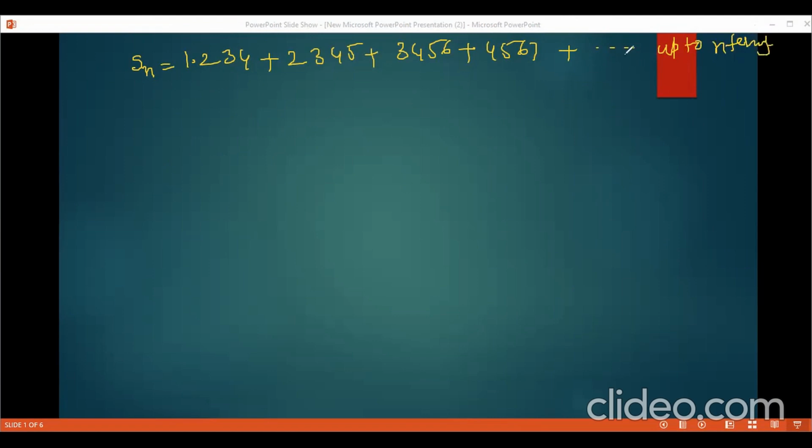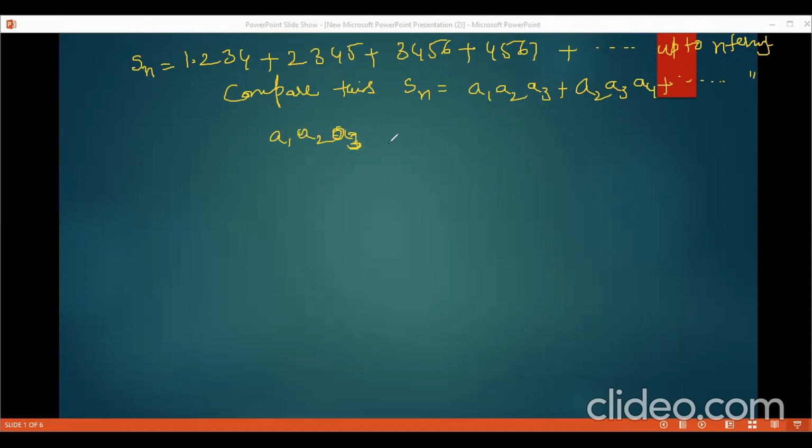Now we compare our problem. We compare this with Sn is equal to A1, A2, A3 plus A2, A3, A4 plus so on, go on writing like this, up to n terms. Then what are A1, A2, A3 here?